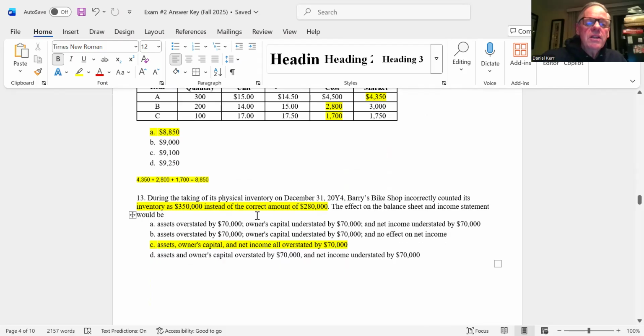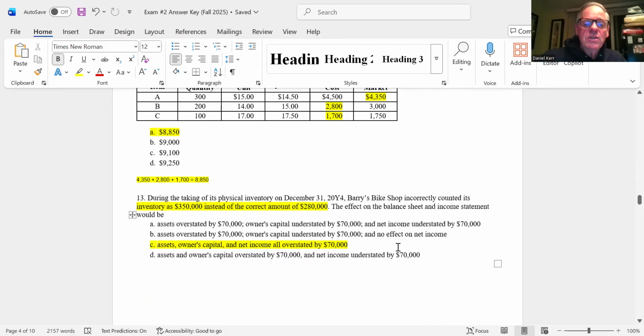Number 13, during the taking of the inventory on December 31st, Barry's Bake Shop incorrectly counted its inventory as 350 instead of the correct amount, which is 280. So they've overstated the inventory.